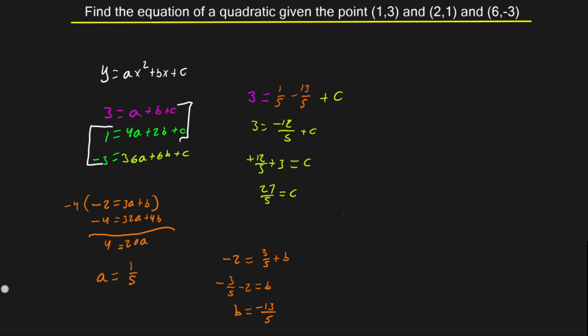So now we have that our quadratic equation is y is equal to 1 over 5 x squared minus 13 over 5x plus 27 over 5, giving us this equation where we can multiply everything by 5, whereas we will get 5y is equal to 1x squared minus 13x plus 27.